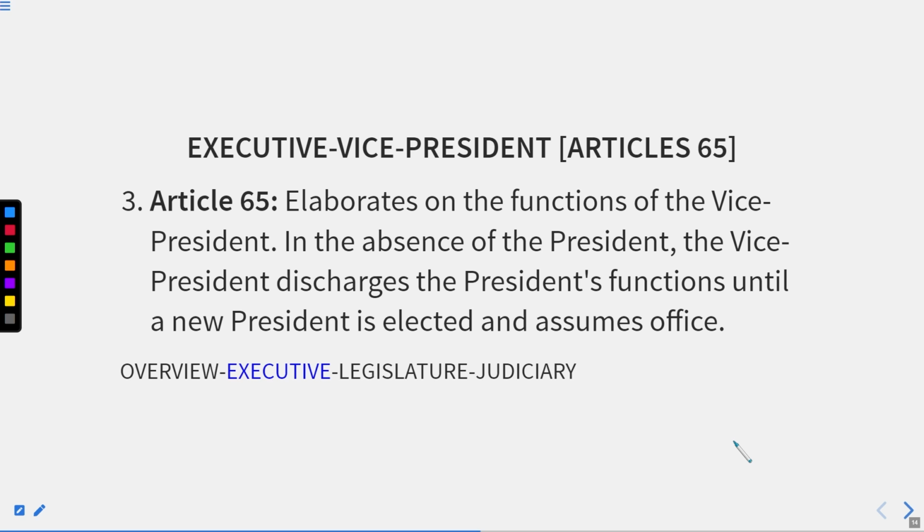Article 65 elaborates on the functions of the Vice President. In the absence of the President, the Vice President discharges the President's functions until a new President is elected and assumes office.